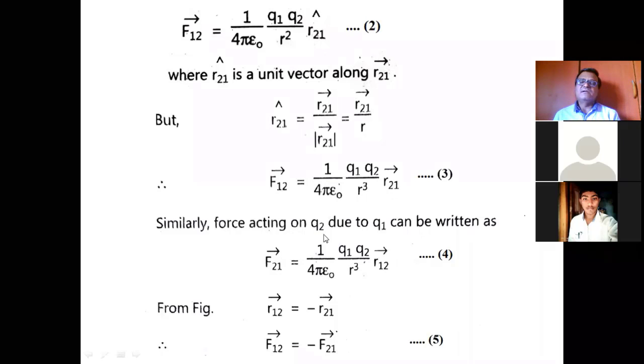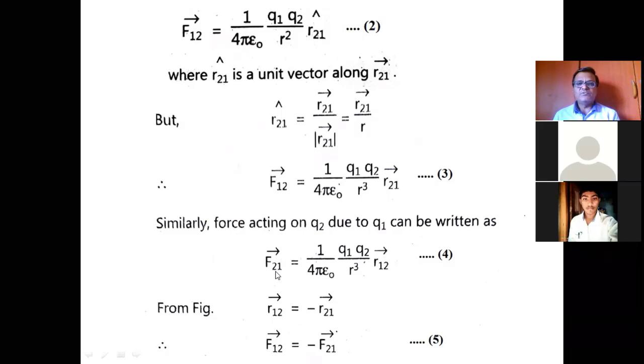Similarly, the force exerted on charge q2 due to charge q1 can be written by making changes in equation 3: f21 bar is equal to 1 upon 4 pi epsilon 0 as it is, q1 q2 upon r cube as it is, only the change is r12 bar here. Okay, because r12 bar and f21 bar are in the same direction.